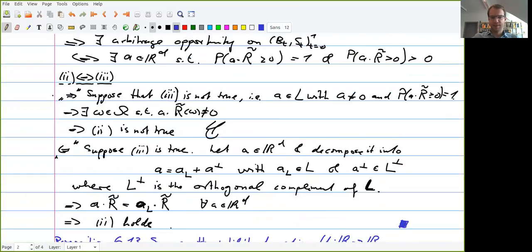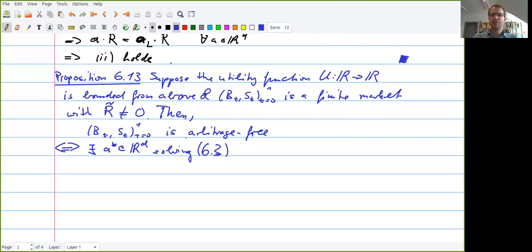And this is equivalent to saying that the market is arbitrage free. So that this problem is non-degenerate, so it really has a solution, means that the underlying market is arbitrage free. Okay.